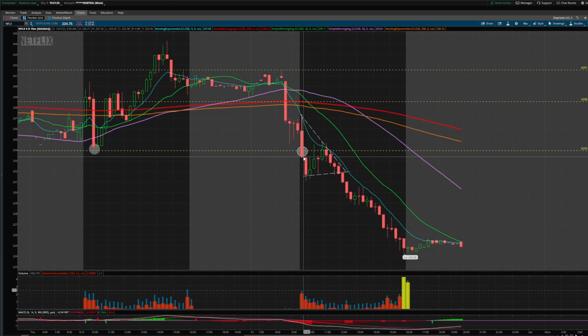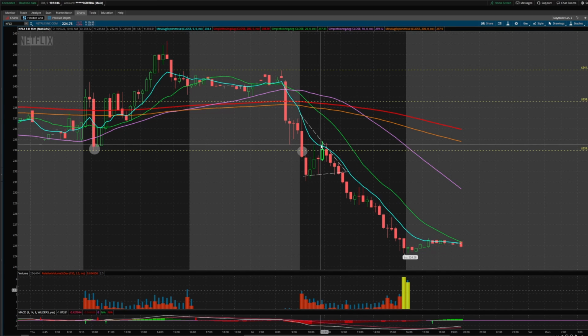Those Netflix contracts went to about 60% at the peak there, and because they were a right-at-the-open play, this bounce took off. Maybe it took it back to a 10 to 20% gain, so we had already taken our profits when that bounce happened.